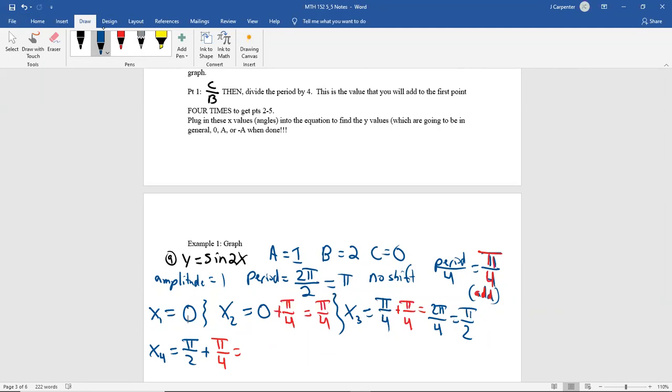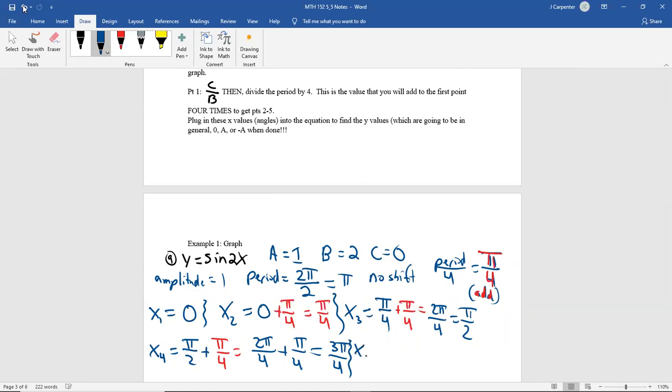Here it is, never going away. Well, pi over 2, we already had the non-reduced version of it with the same denominator, 2 pi over 4. So this time you don't even need to think about it. It's staring you in the face. Pi over 2 is 2 pi over 4 plus our pi over 4. 2 plus 1 is 3. So that's 3 pi over 4.